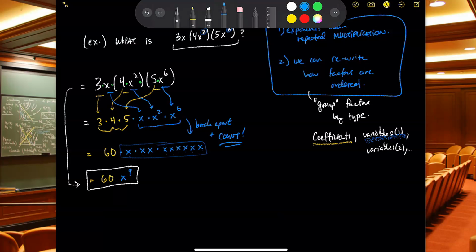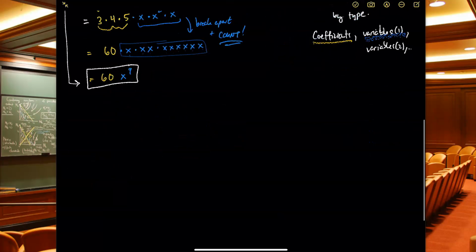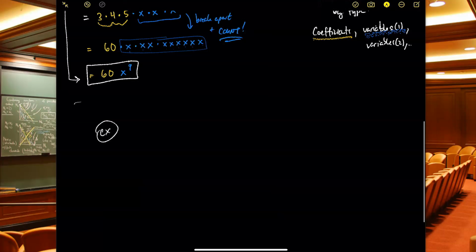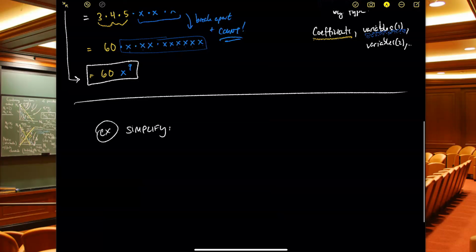So let's do another example right now. While we're on the trail here. So simplify. Negative 2x times 6x to the 5th times negative 4x squared y squared times 3y to the 5th, to the 6th.